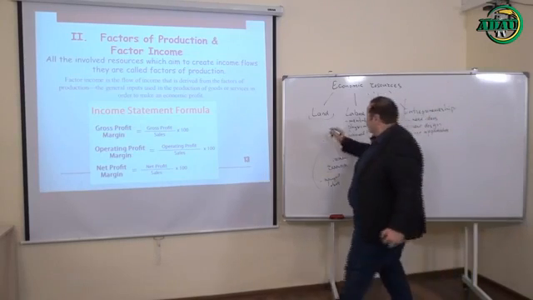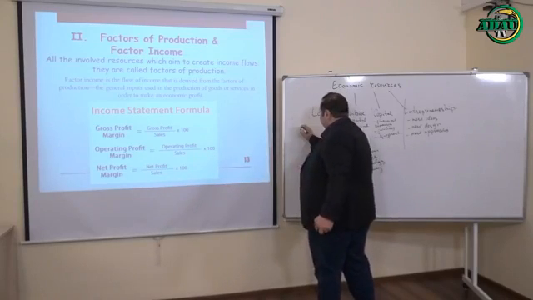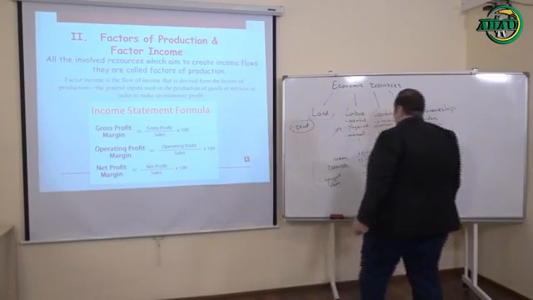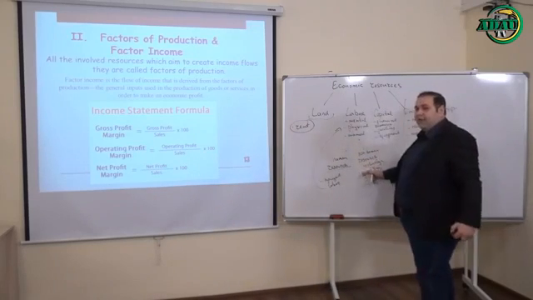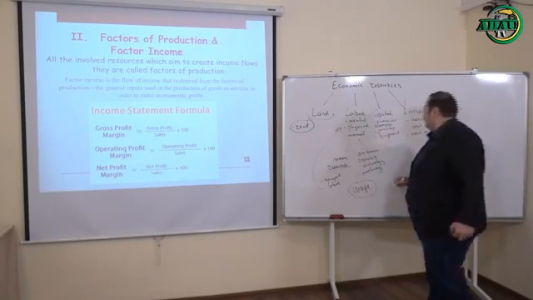Okay, great. So for land, the income is called the rent. For labor, the income we call wage.